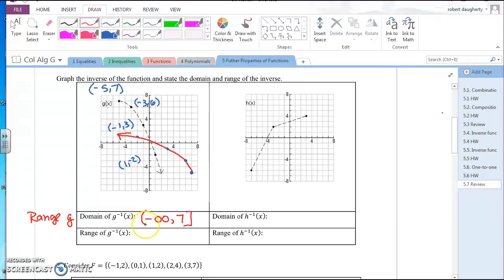So negative infinity to 7. And the range of G inverse, y values for that red graph. I don't see any y values until I get to negative 5, and it looks like those go to infinity. And remember, the range of G inverse is the same as the domain of G, because x and y simply switch roles.